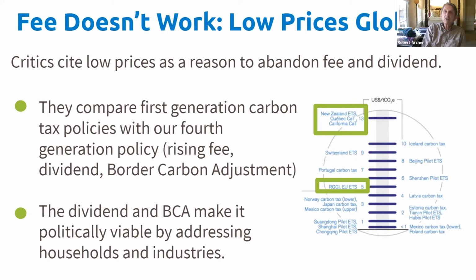There was no dividend and border carbon adjustment. So carbon tax critics cite low prices as a reason fee and dividend won't work. They're comparing basically old first generation carbon tax policies. That is, those with subnational coverage, no predictable rising price, no household dividend, and no border carbon adjustment.